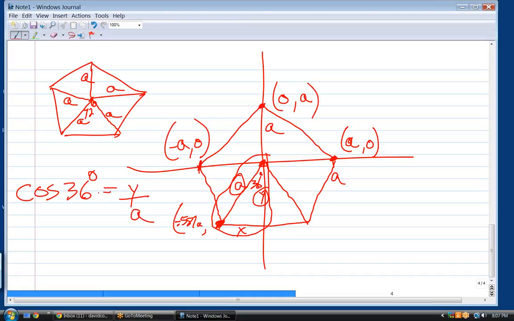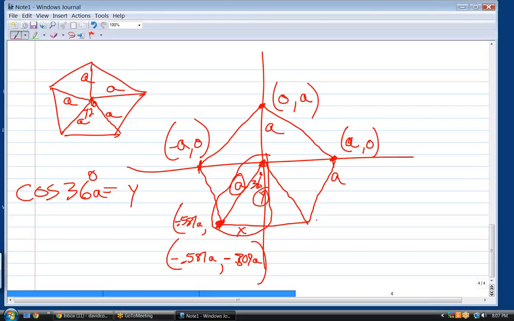So y is equal to cosine of 36 degrees times a. What's cosine of 36 degrees? 0.809. Here's the coordinates of that vertex. Minus 0.587a is the x-coordinate, minus 0.809a is the y-coordinate.